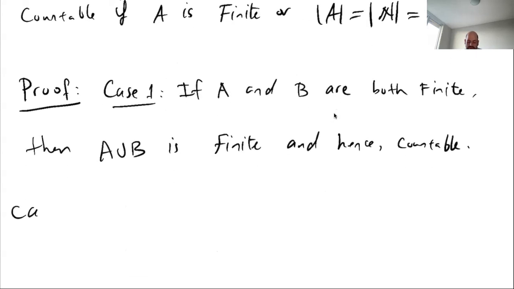Case two, a little bit more complicated, or rather less obvious. One set is finite and one set is denumerable.